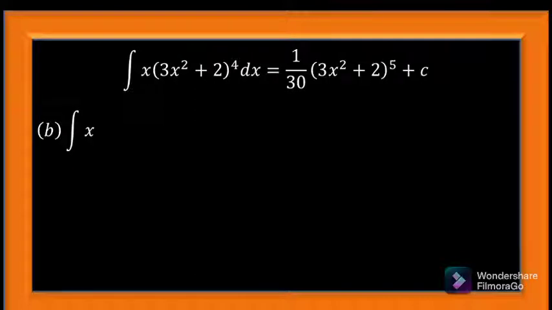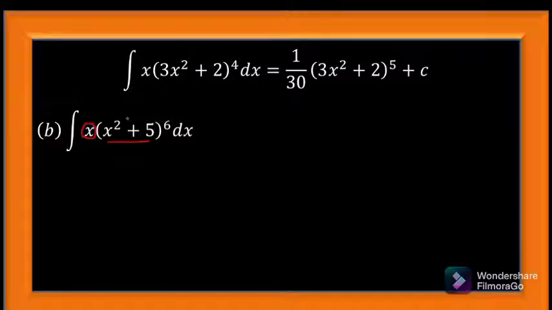Question B, we had the integral of x into brackets (x squared plus 5) power 6 with respect to x. Again, when you look at this carefully, when we differentiate what is within the bracket, it will give us 2x. Because 2x is our result, it contains the element of x.